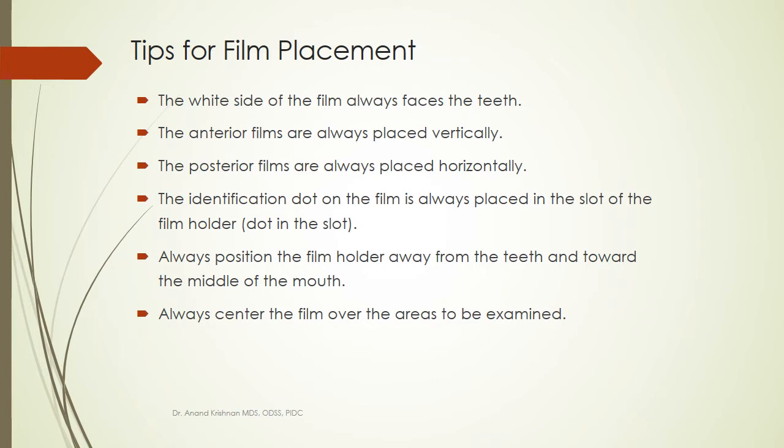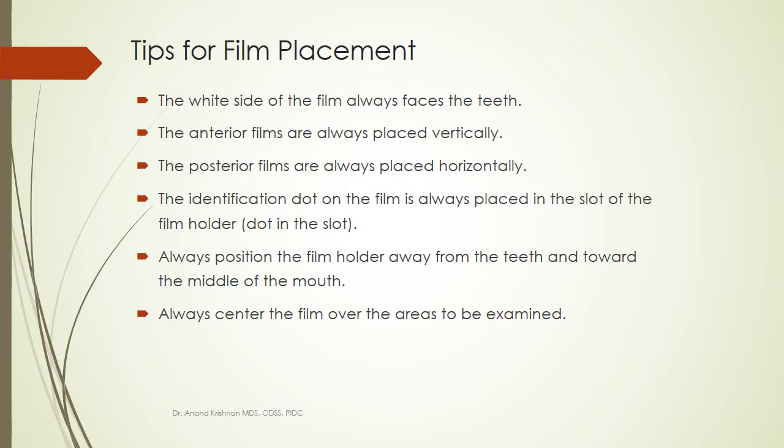So the identification dot is always positioned along the occlusal line of the tooth of interest, and always position the film holder away from the teeth and toward the middle of the mouth, and always center the film over the areas to be examined. Please remember this.